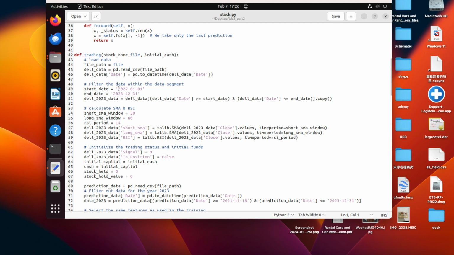You can see we use the period from January 2022 until December 31st, 2023.